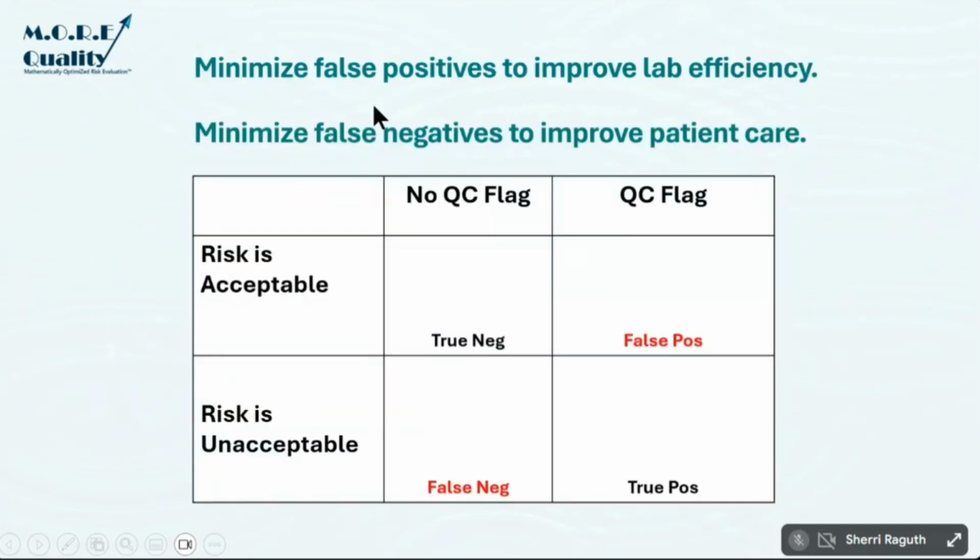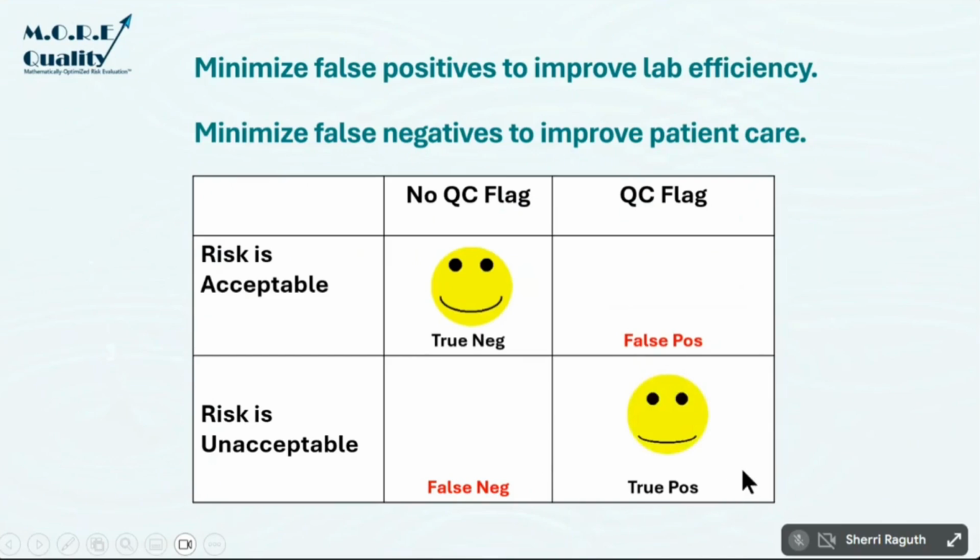Whenever you run QC, you have 4 possibilities. This is your typical 2x2 table, whatever you want to call it. You have a QC flag or you don't have a QC flag. The risk is acceptable or the risk is unacceptable. The vast majority of the QC that you perform falls into the category of a true negative. Most days there's nothing wrong and you do not get a QC flag.